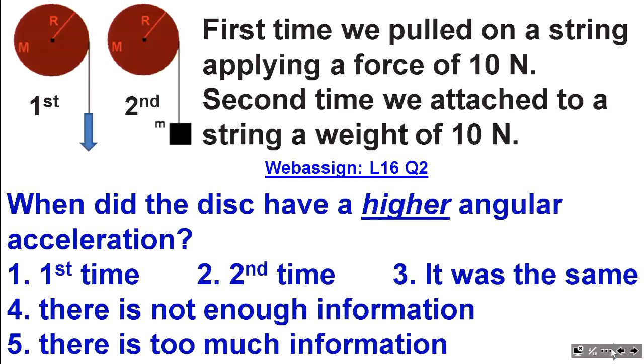If you think the angular acceleration will be the same, you can choose answer number three. If you think that with the given information there is no way to answer this question specifically, you can answer 4. Don't choose answer number 5. There is never too much information. There is enough, and more than enough.